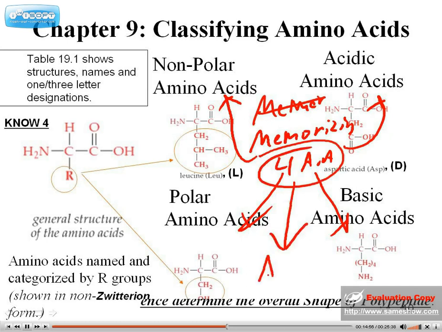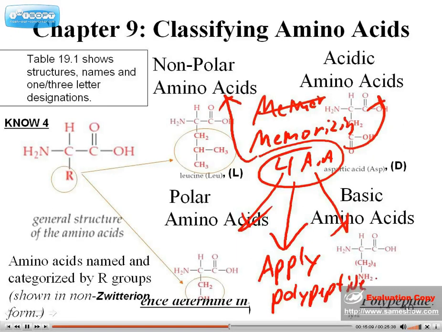You're then going to apply these 4 amino acids into actual polypeptides. Polypeptide formation with side chain intermolecular forces.